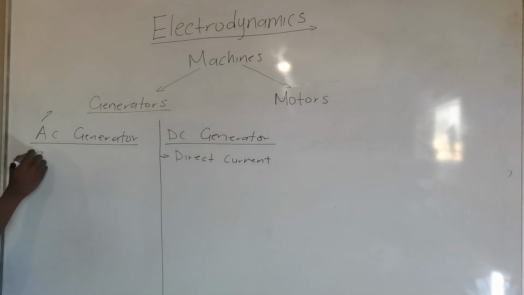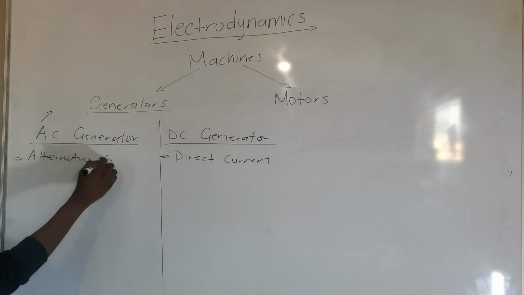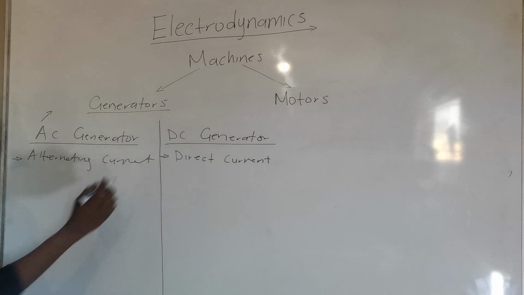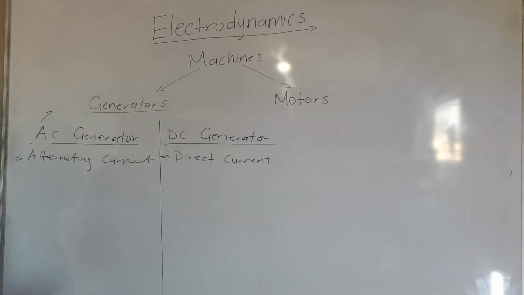This one is an alternating current generator. Just forgive me for my writing here, because I'm used to writing very, very fast. So we have the AC generator, and we have the DC generator.